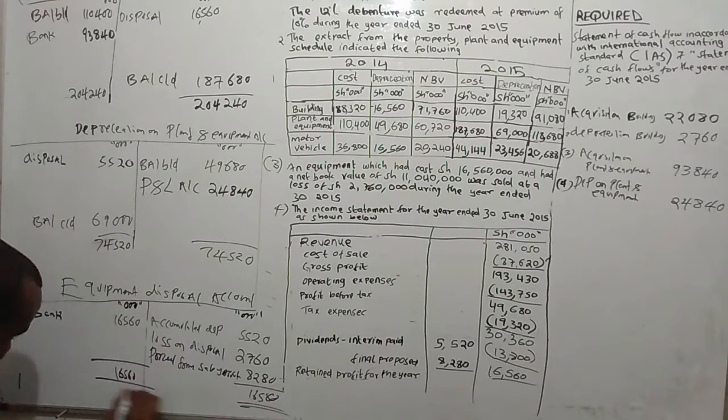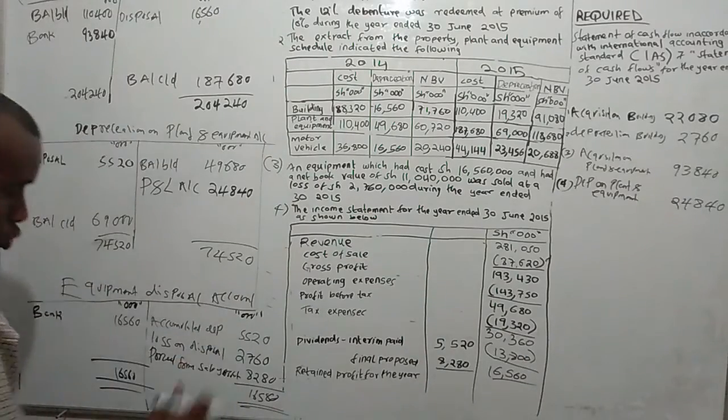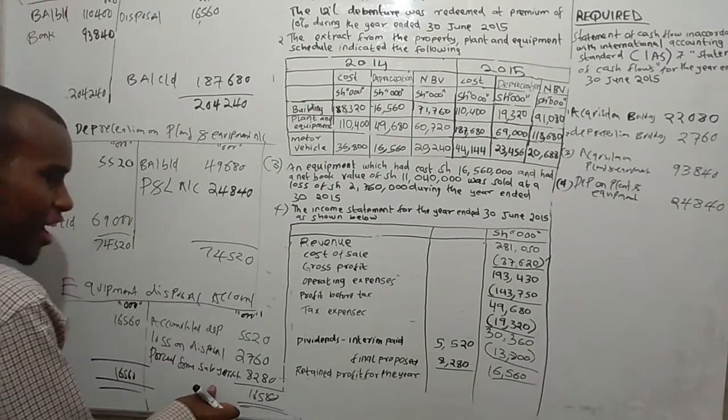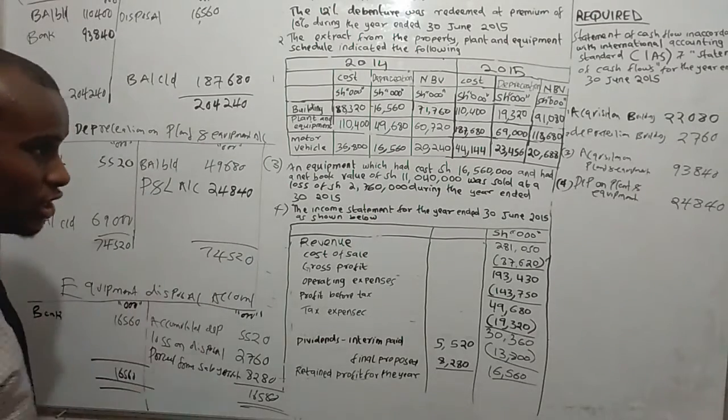On this side, we will have loss on disposal 2760 and also proceeds from sale of asset. This loss on disposal, we are going to add back to the net profit. The proceeds from sale of asset will be an inflow in the cash flow from investing activities.